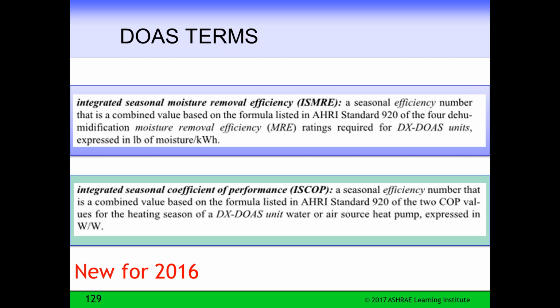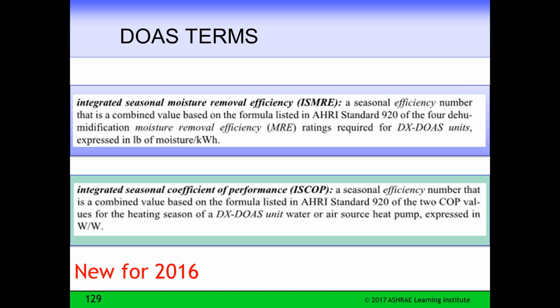It was kind of a battle, because this is again regulating something that wasn't regulated. A seasonal efficiency number that is a combined value based on the formula listed in ASHRAE Standard 920, that's a testing procedure, of the moisture removal efficiency ratings required for DX/DOAS units, expressed in pounds of moisture per kWh.